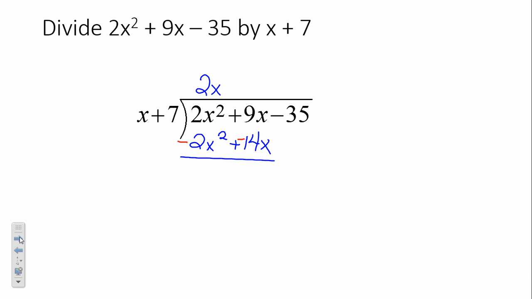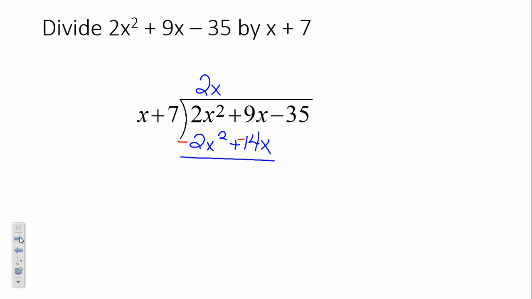Next step, Viviana. What are we going to get? Yeah, bring them down. What are we going to get? 2x squared minus 2x squared? Gone, right?